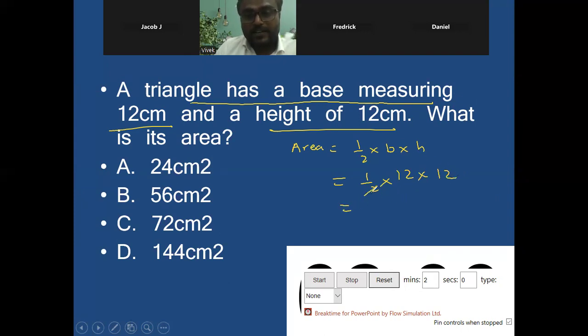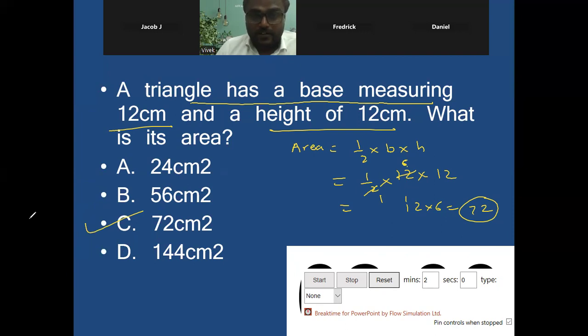So what will I do now? I can just cancel this out. 2 times 1 is 2. 2 times 6 is 12. Canceling this out means, guys, I'm just trying to find a common factor and dividing the numerator and the denominator by 2. So what do I need to do now? I need to multiply this 6 with this 12. So 12 times 6. 6 times 2 is 12. Carry the 1 over. 6 times 1 is 6 plus 1, 7. So 72 centimeter square is the answer for this question.